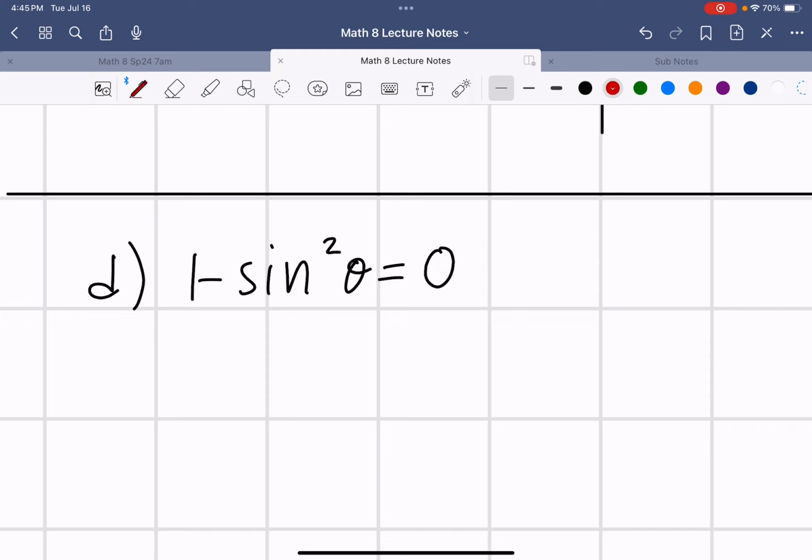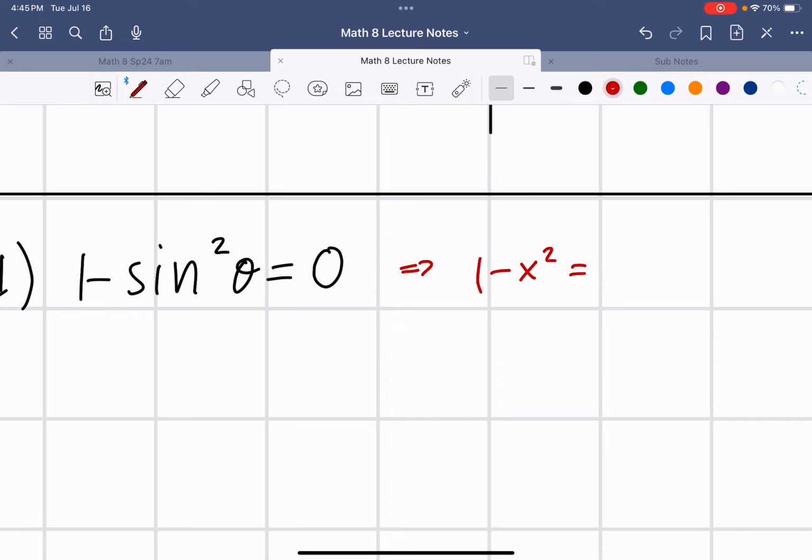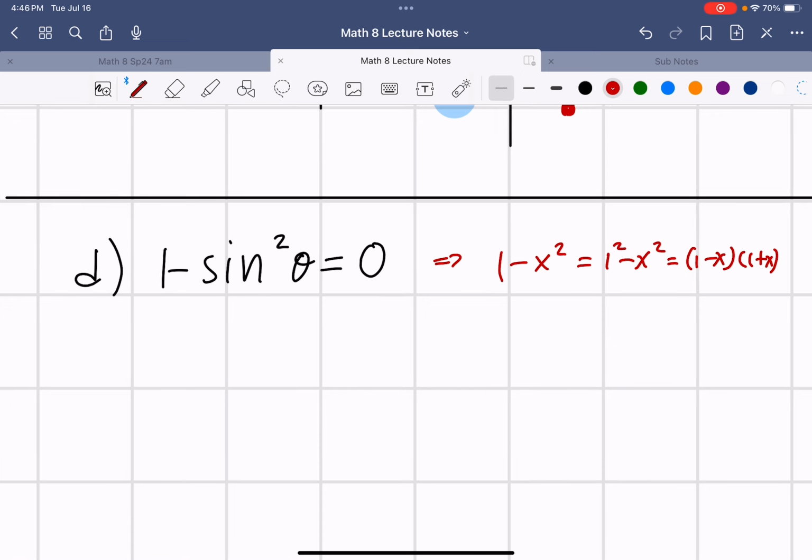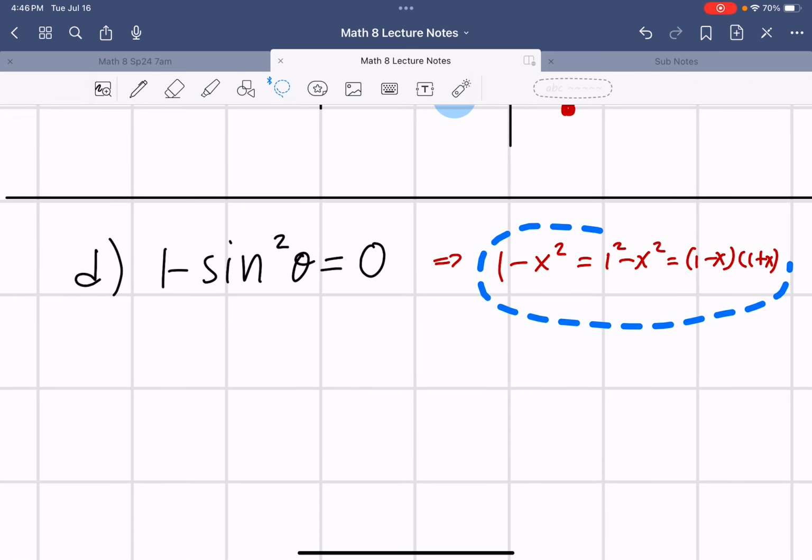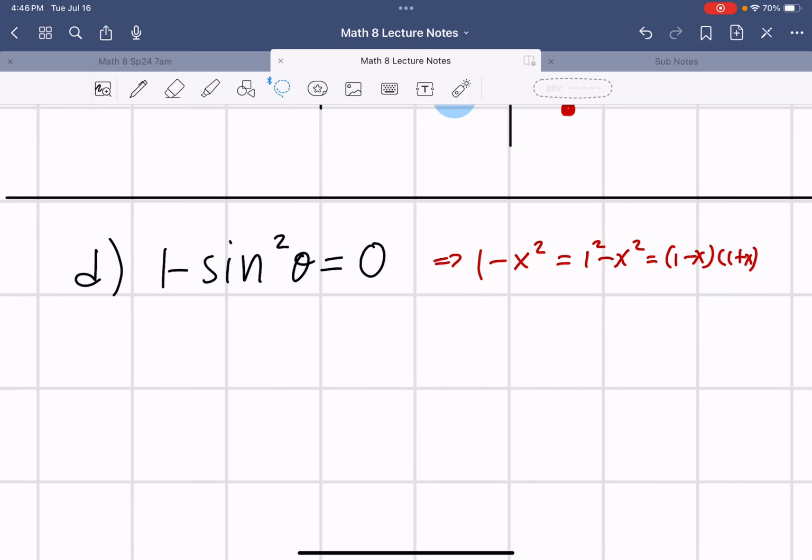Because if we were to rewrite this as 1 minus x squared, that hopefully reminds you that this is the same as 1 squared minus x squared, which would become 1 minus x, 1 plus x, because it's the difference of squares. So that's what I mean, where we have to introduce some algebra, some factoring skills. And it makes it difficult because there's this sine involved.